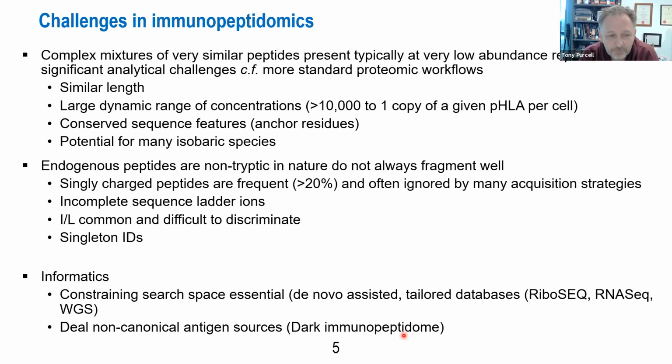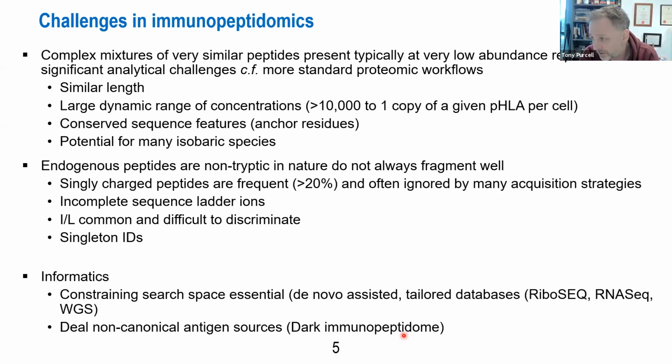So many of you are probably used to proteomics, and those workflows are relatively well established. There are many challenges in immunopeptidomics type of analyses that really differentiate the way we work with these samples. So typically these are highly complex mixtures, and they're complex mixtures of very similar peptides.